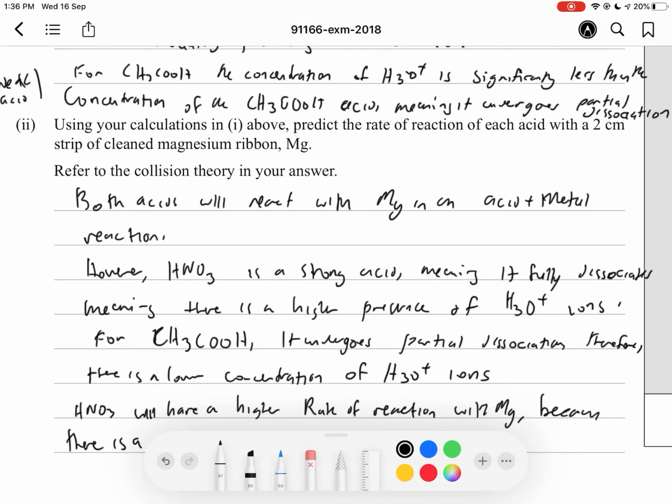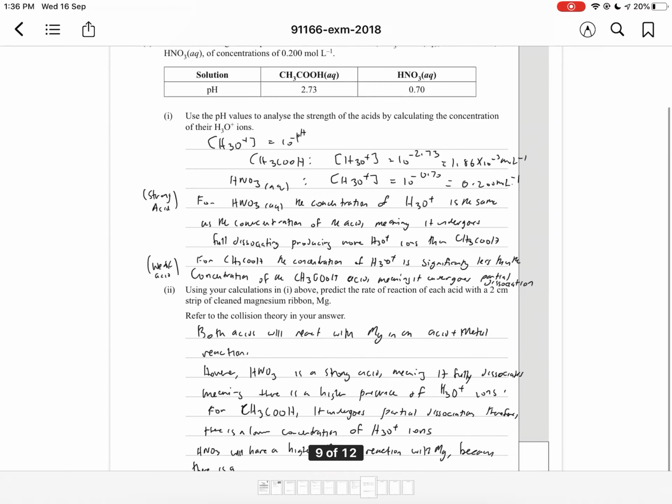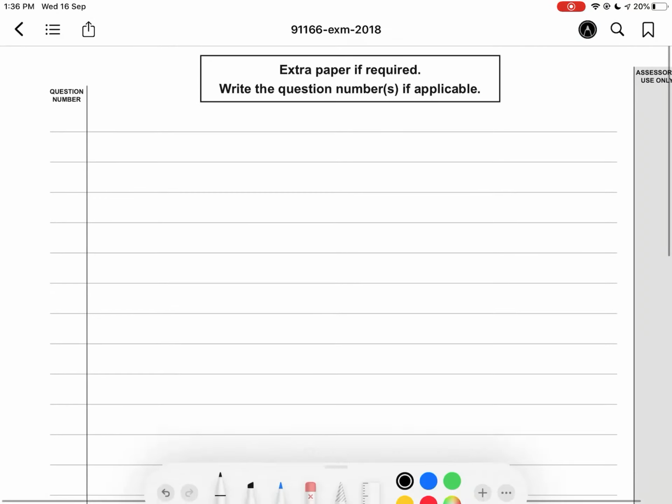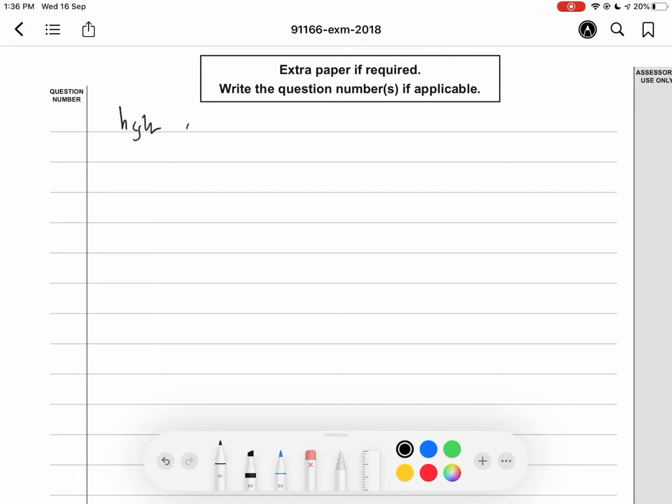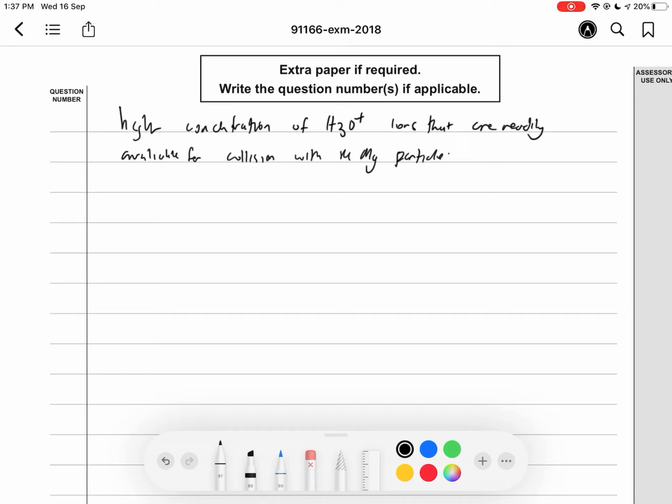because there is a higher concentration of hydronium ions that react with the Mg particles.